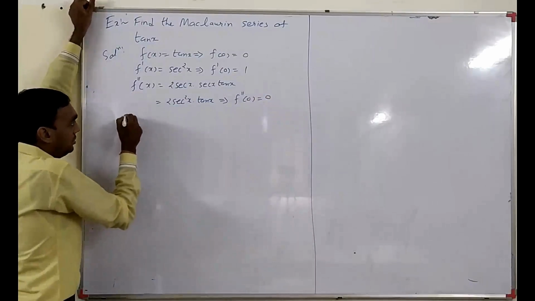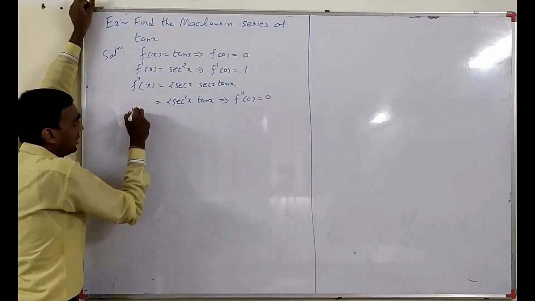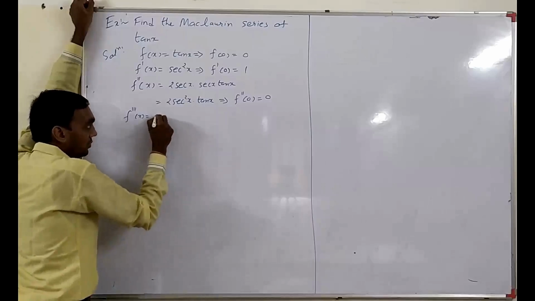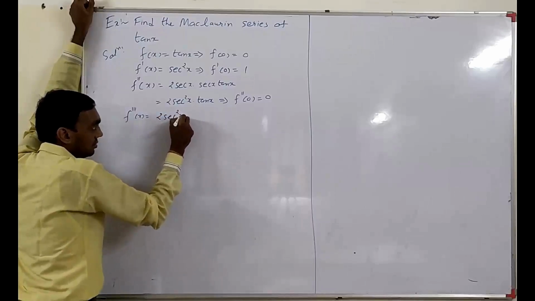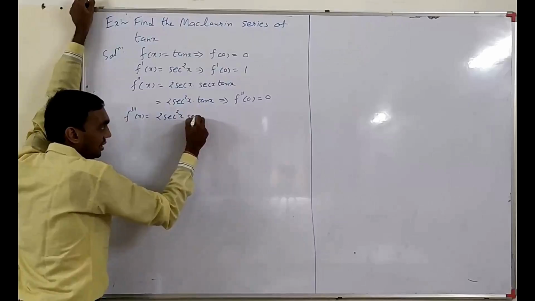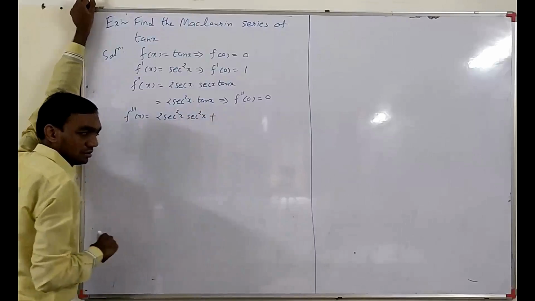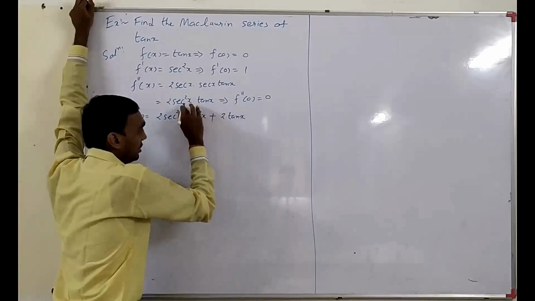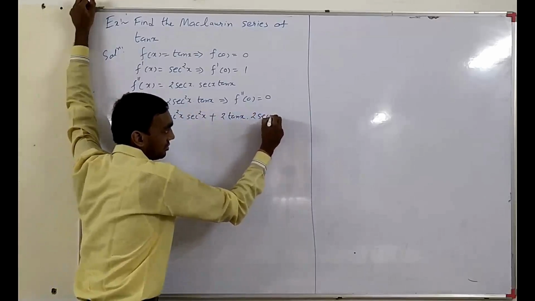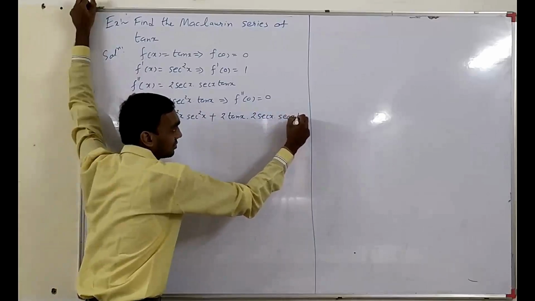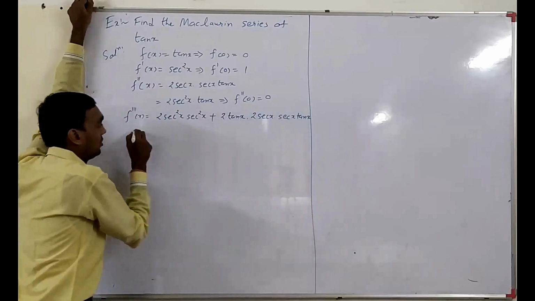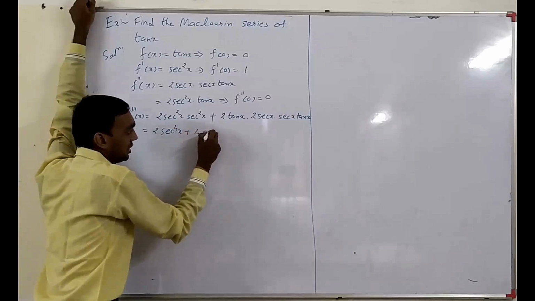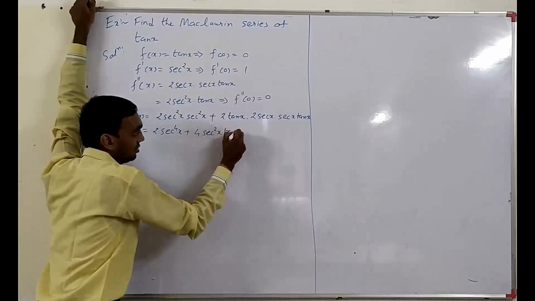Now f'''(x), here you have to apply u into v. First 2 sec square x as it is, derivative of tan x is sec square x, plus 2 tan x as it is, and derivative of sec square x will be 2 sec x into sec x tan x, and that will be 2 sec raised to 4 x plus 4 sec square x tan square x.